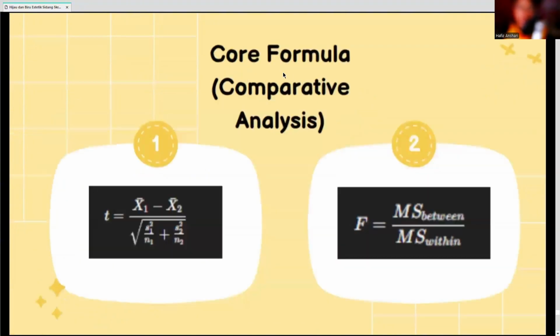This is the core formula of comparative analysis. This is the hypothesis that I mentioned, and this is the interpretation.